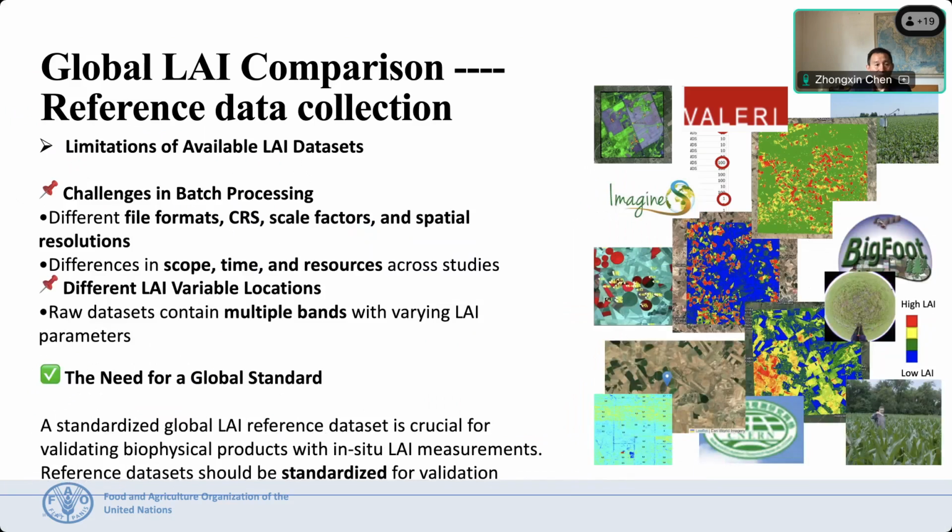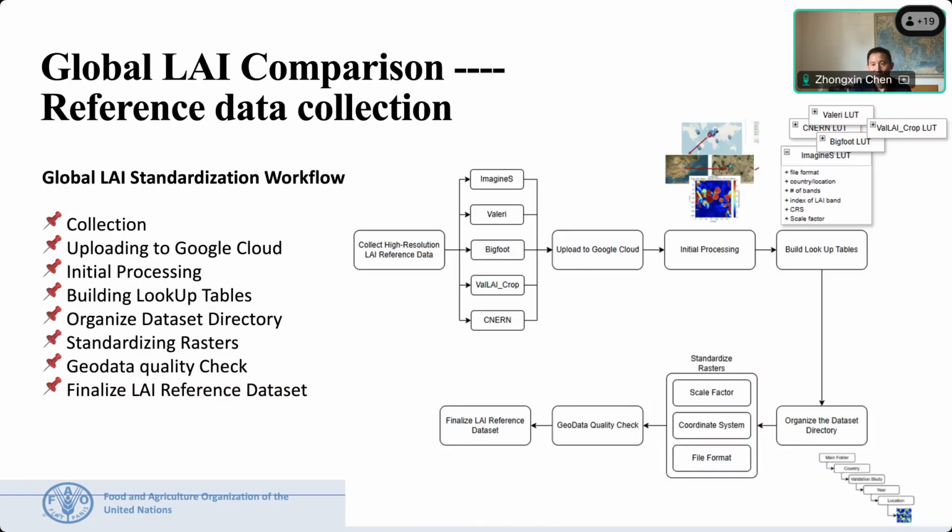Because the different campaigns have different data formats, scale factors, and so on, if we want to set up the reference data, we must standardize all these data and products. So that's the process we use.